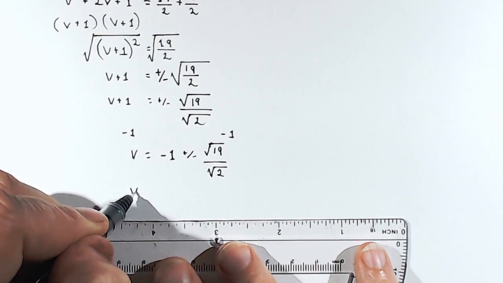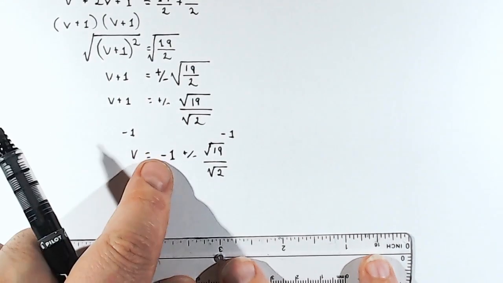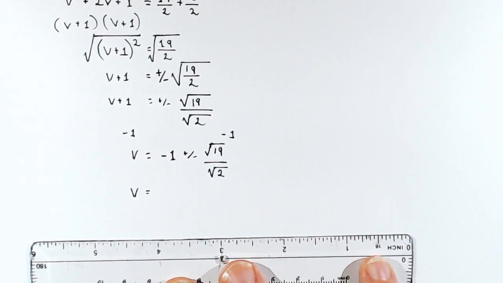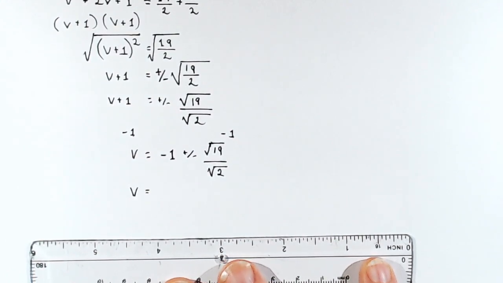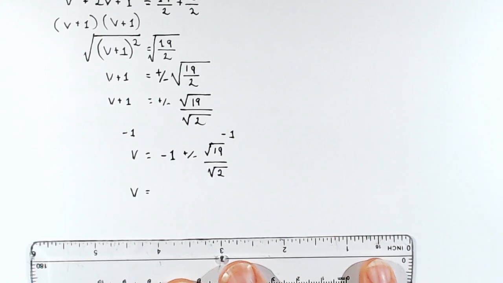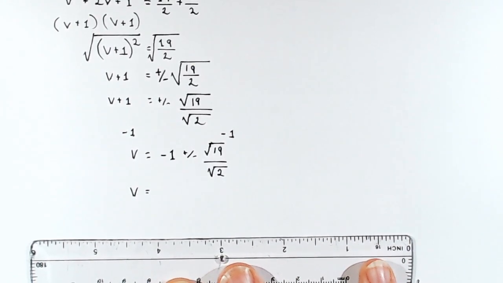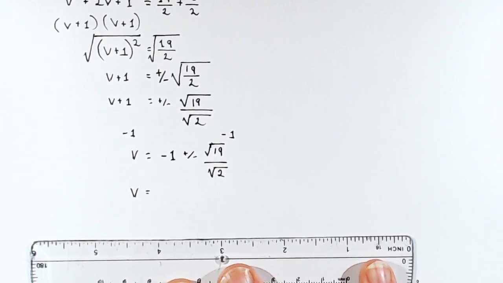So now we have v equals, and I need to write -1. Okay, and this is going to reveal a little bit about what I'm thinking in my head. I need to write -1 with square root 2 in the denominator. So that means I have to multiply the numerator and denominator by the square root of 2.